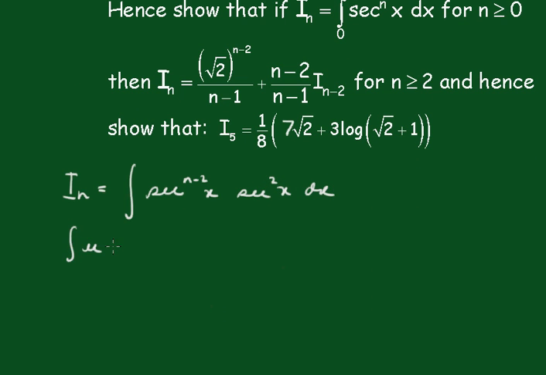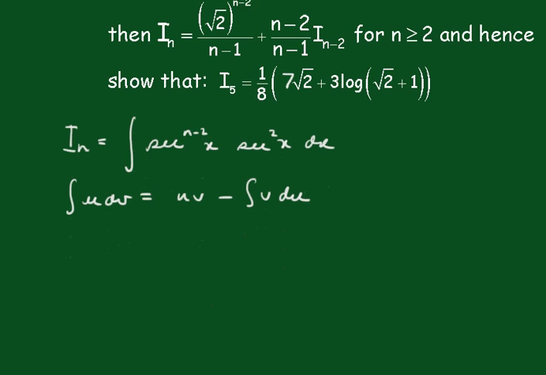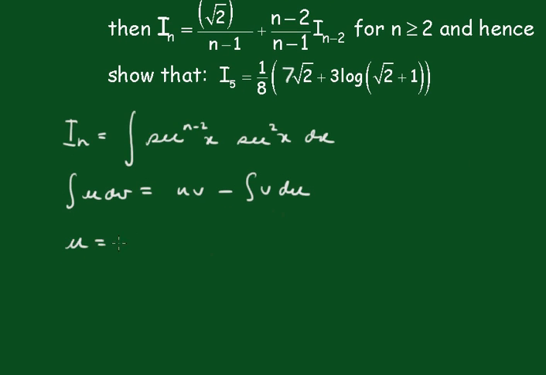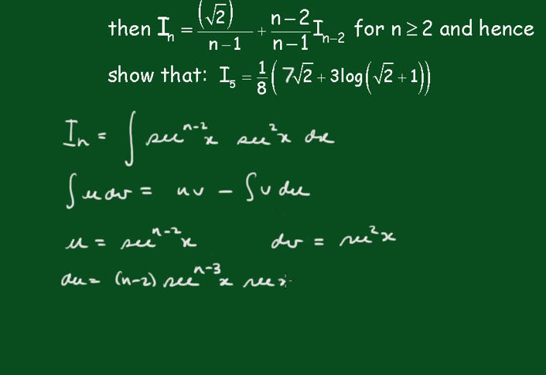Then using the formula, the integral of u dv equals uv minus the integral of v du, we'll let our u equal sec of n minus 2 x, and our dv equals sec squared x. So our du equals n minus 2 sec of n minus 3 x times sec x tan x, and our v equals tan x.